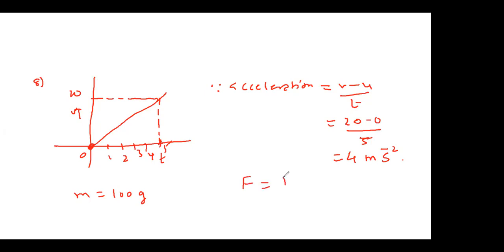Now F is MA. M is 100 gram divided by 1000, into 4. 2 zeros I can cancel. So 0.4 Newton is the force. Draw a diagram and write properly.